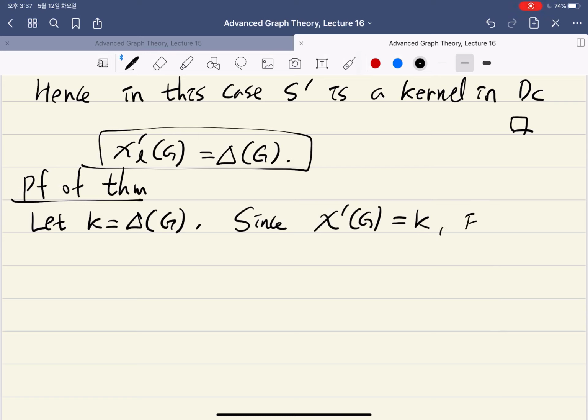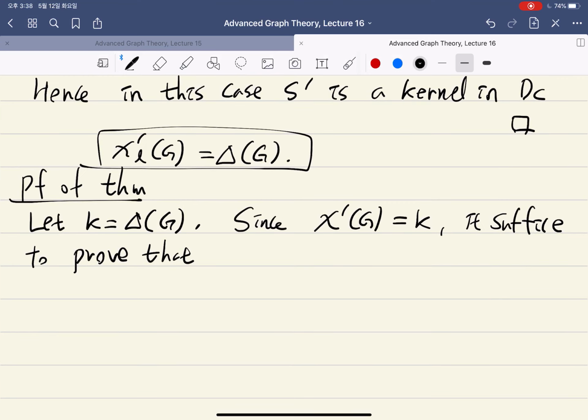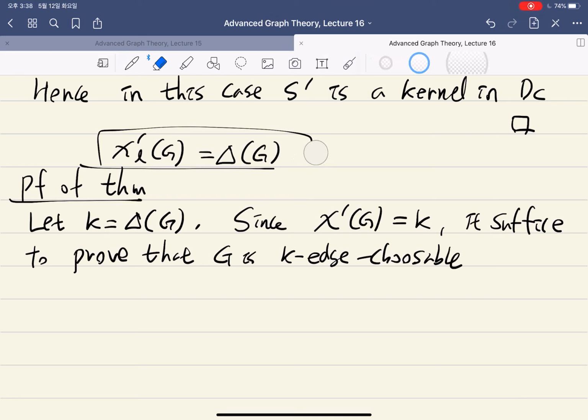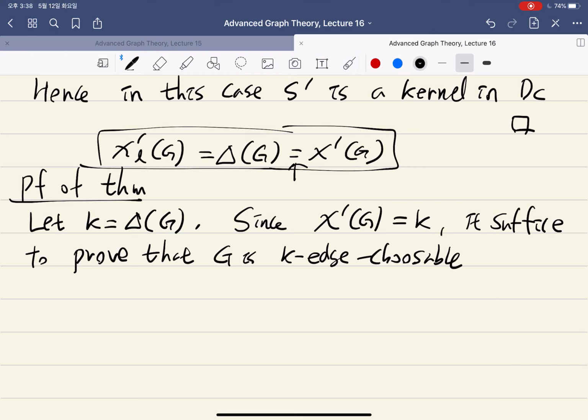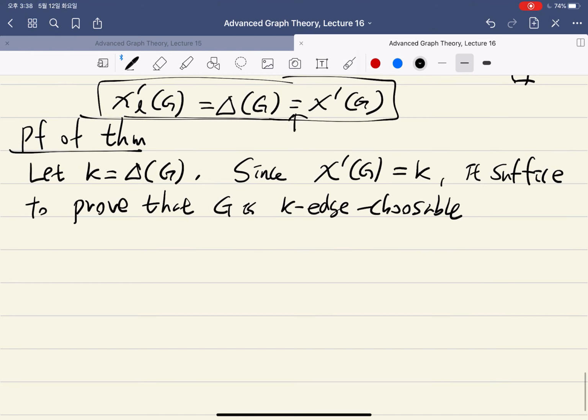So we know that its edge chromatic number is K. So what we want to show is that it is K-edge choosable.